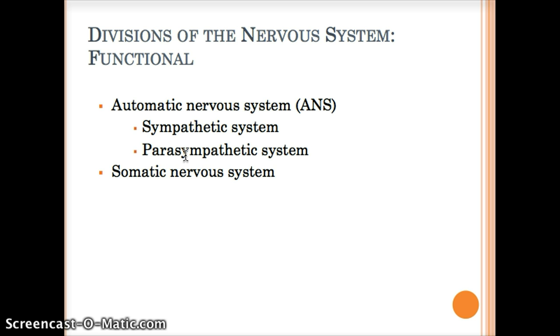Do you remember the sympathetic nervous system? I'm sure you've learned this before in biology. The sympathetic nervous system is that fight or flight response that you have. And then the parasympathetic nervous system is what's calming you down after that fight or flight response.